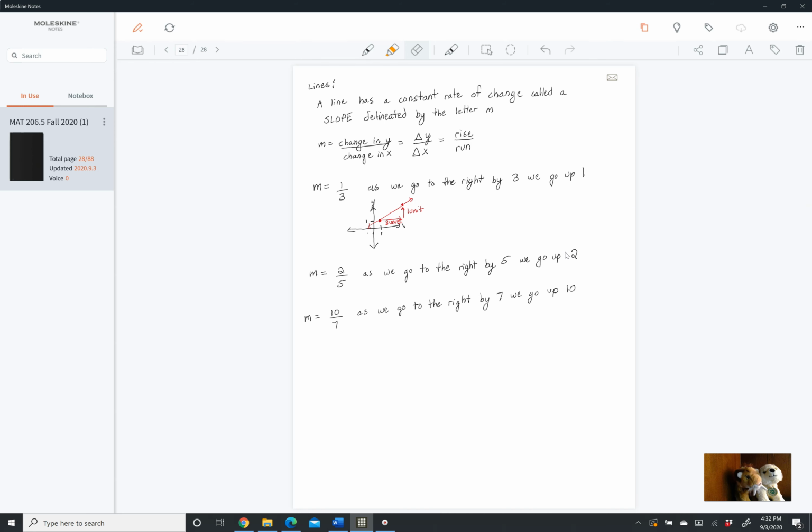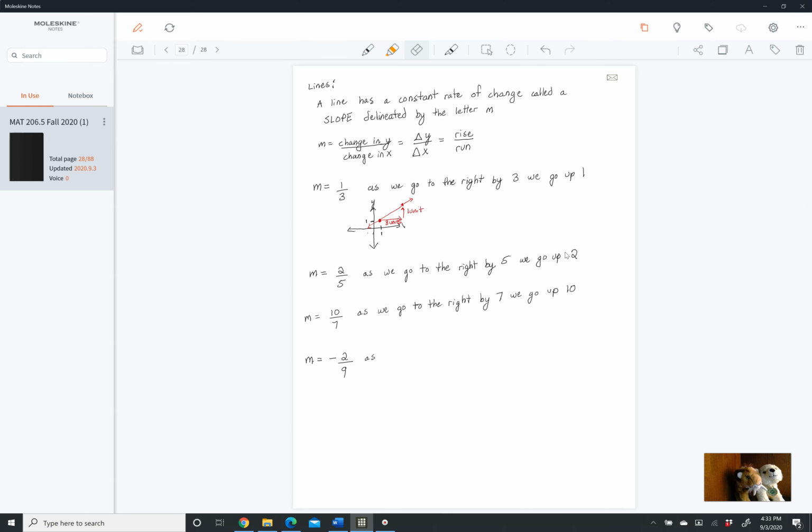Now, when we talked about absolute value, we talked about direction, right? And we said the thing to change direction is a negative sign. So we always talk about it as going to the right because we always look at graphs going left to right. If we want to change the direction of the slope, we would say, okay, the slope is negative 2 over 9.